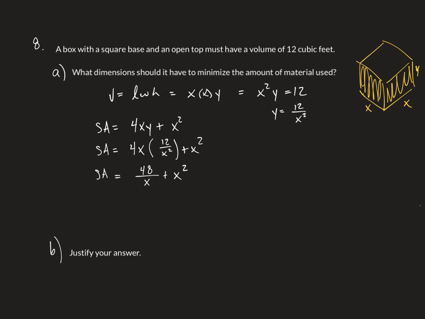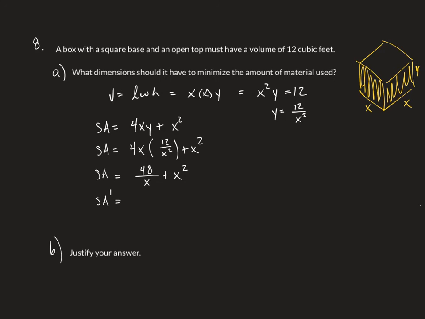Okay, so now we have an expression that represents the surface area of this box in terms of the length of the base. But what I want is an expression that discusses the change in this surface area. So if I'm talking about the change in surface area, what I actually want is the derivative of that surface area function.